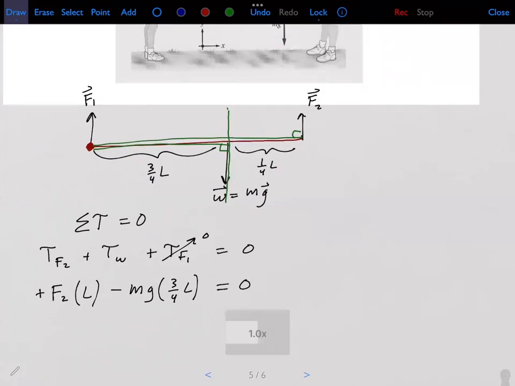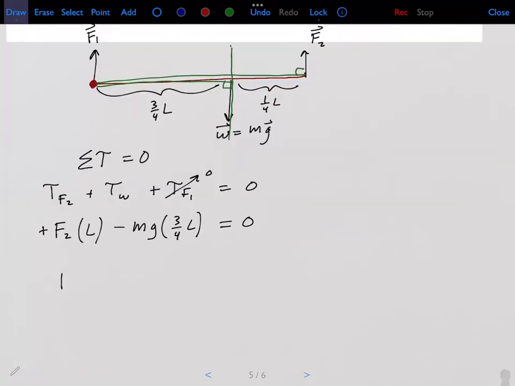And then finally, if you solve this for F2, I'll bring the other term to the other side first. Then divide by L. And what's going to happen is that the L's will cancel here, and you're going to get 3/4 mg.